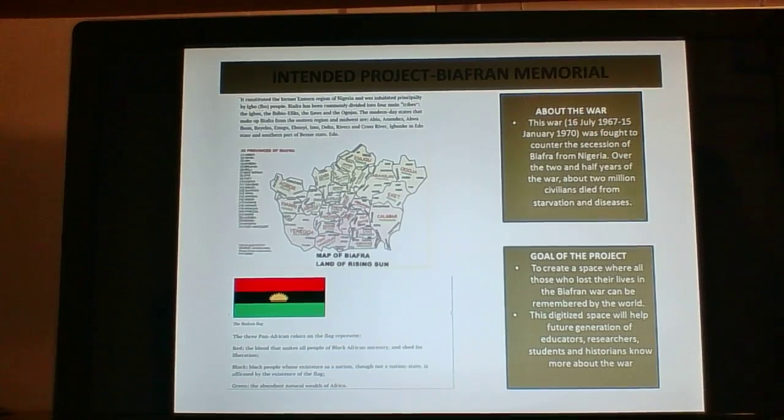Another reason, of course, is for academic purpose, so a lot of people, scholars, historians who wish to study the Biafran War would have information.